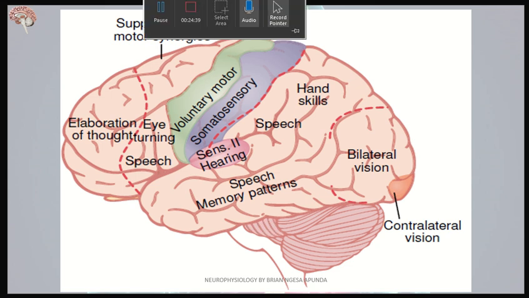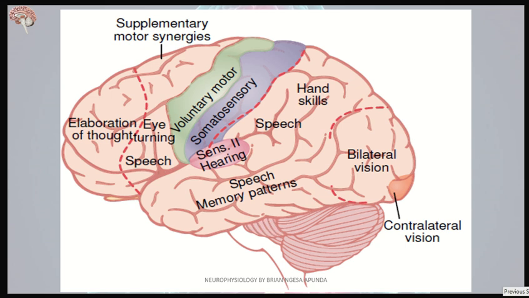All these were discovered after examining individuals who did not have a specific part. For example, if you examine an individual who has a lesion on the somatosensory area, neurologically, these individuals are likely to have some deficits in somatosensory sensation.